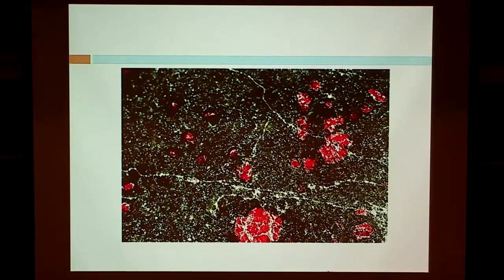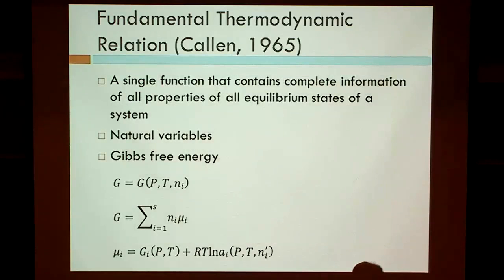And how are we going to do that? Well, the approach that we've taken is to base everything on something called the fundamental thermodynamic relation, a concept developed by Callen in his brilliant thermodynamics textbook, first edition from 1960. And what is this? This is a single function that contains complete information of all properties of all equilibrium states.